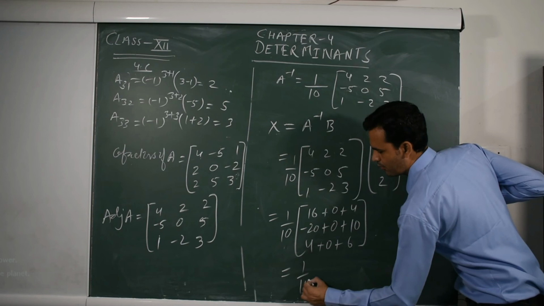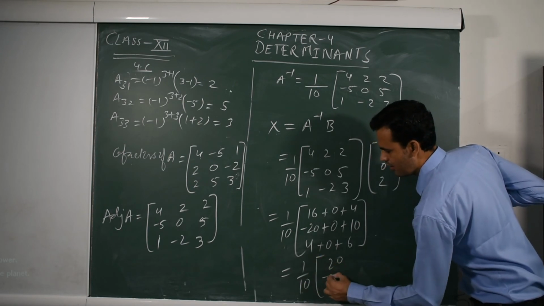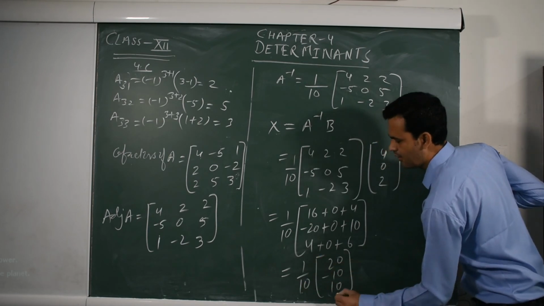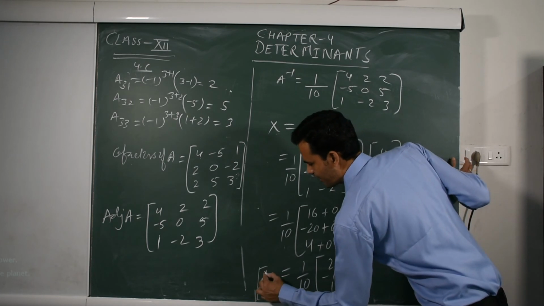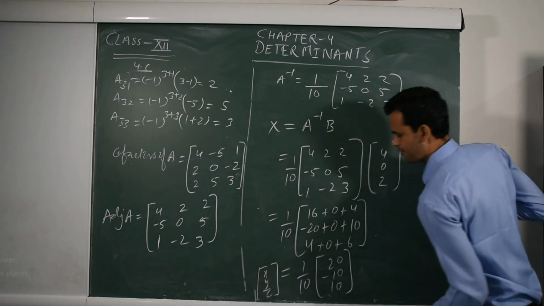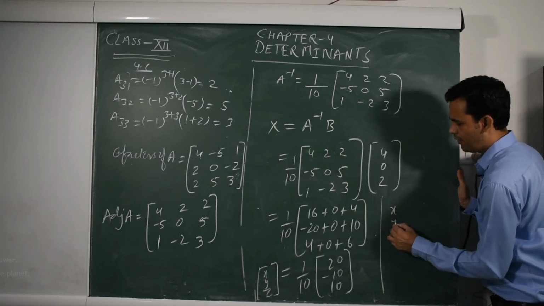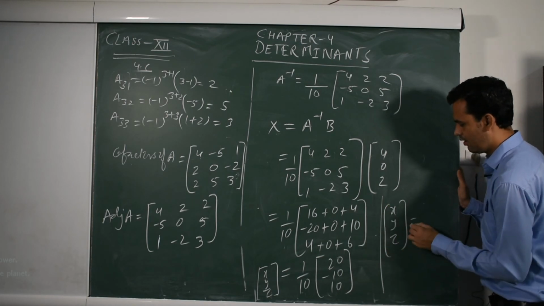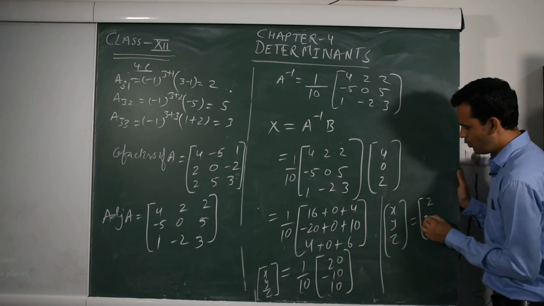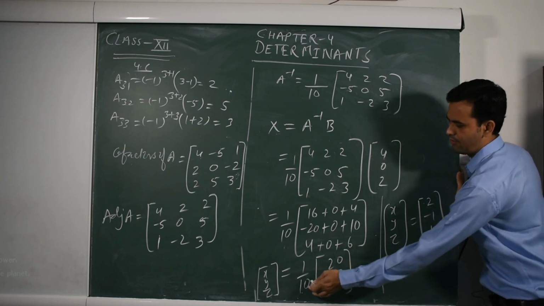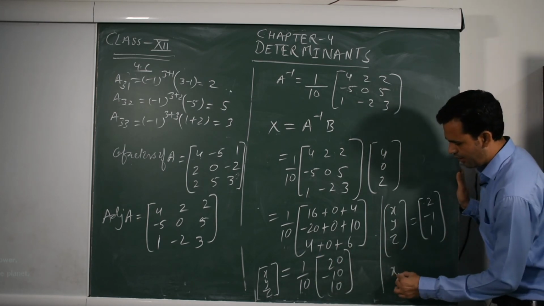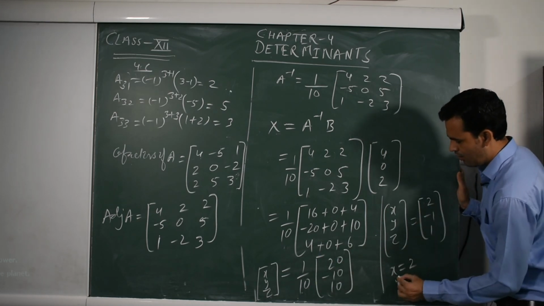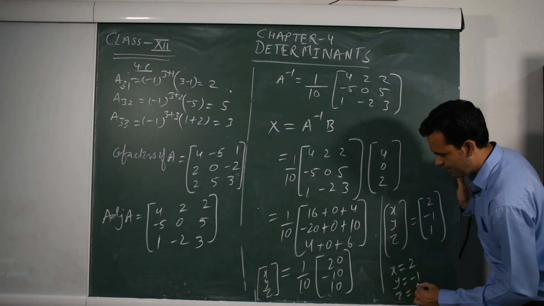So 1 upon 10 times (20, minus 10 and 10). This is called x, y, z. So the values of x, y and z are 2, minus 1 and 1. If we multiply it, then we get x as 2, y as minus 1 and z as 1.